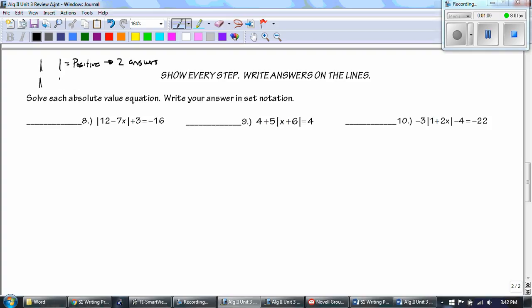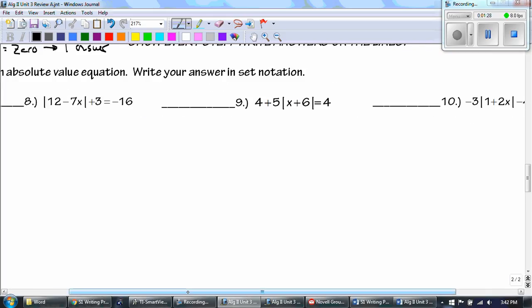If the absolute value equals 0, we are going to have one answer. And if the absolute value, when it's all by itself, equals a negative, remember, that is no solution. But the key thing is the absolute value has to be by itself.